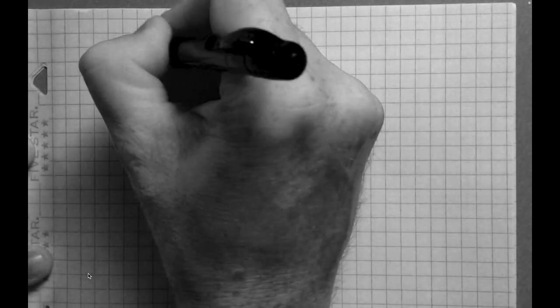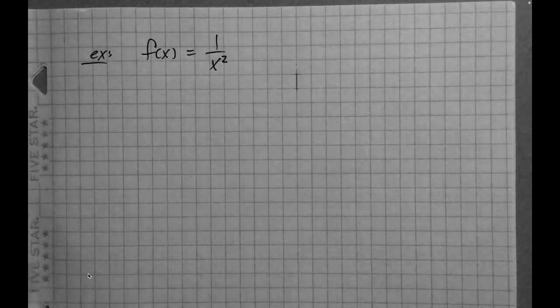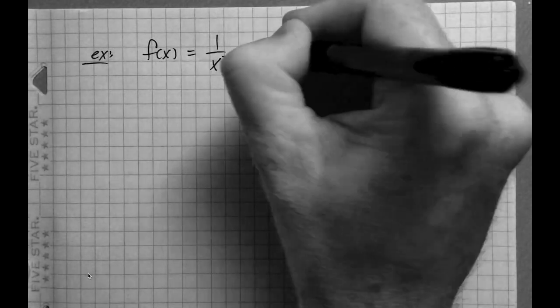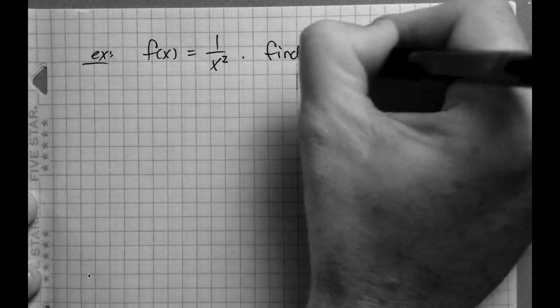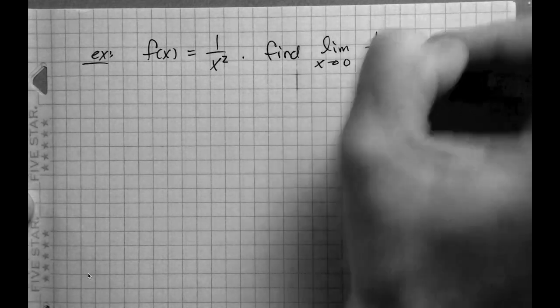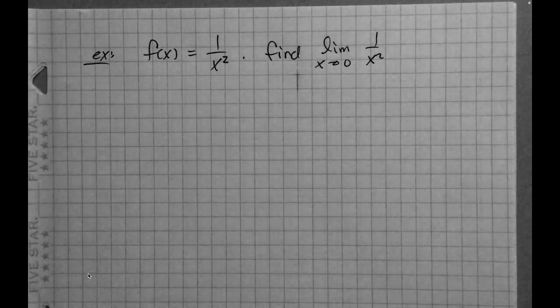Consider the function f of x equals 1 over x squared. What do we want to know? Let's find the limit as x approaches 0 of this function. Of course, all other points on this function are uninteresting limit-wise.